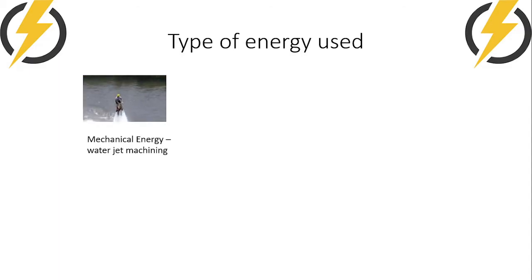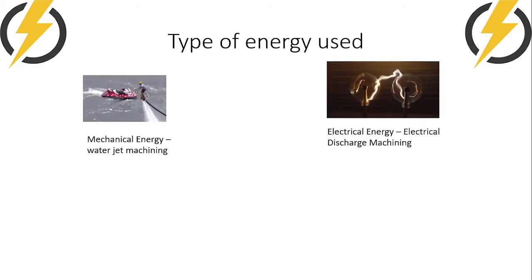With the aid of a water jet, we can utilize that water jet for removing the material from the workpiece material. This kind of energy is called mechanical energy. In general, water jet machining utilizes this kind of mechanical energy. After that, electrical spark. So electrical energy we also utilize.